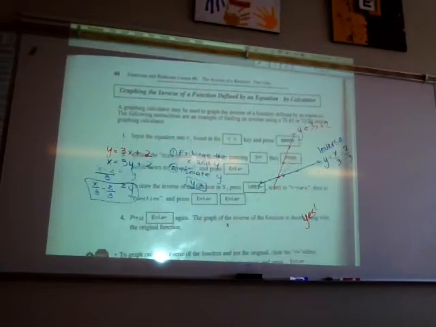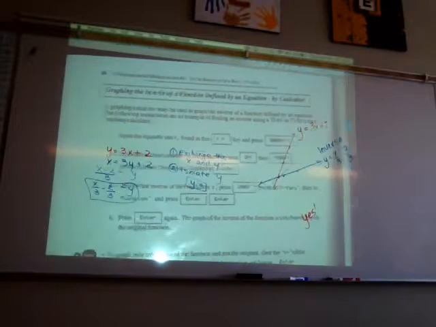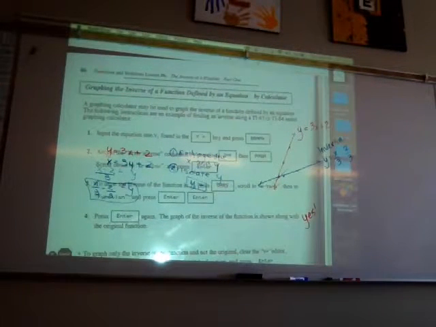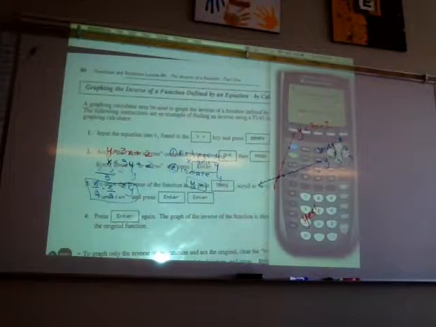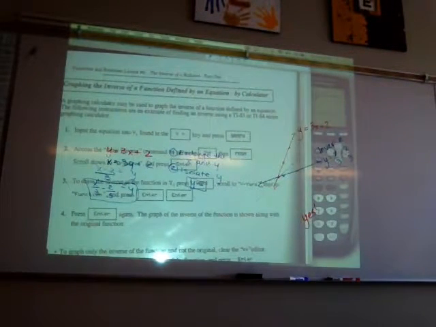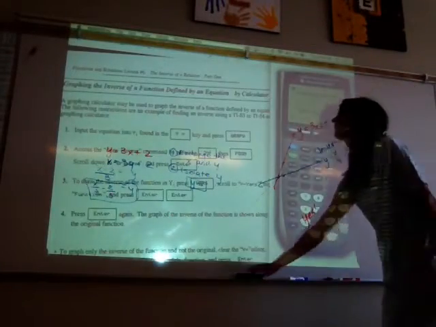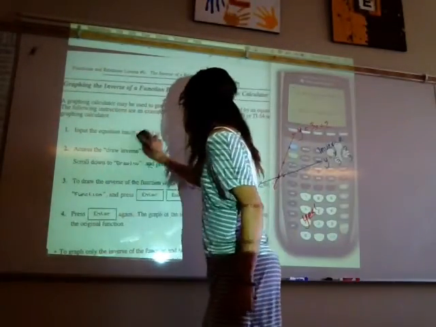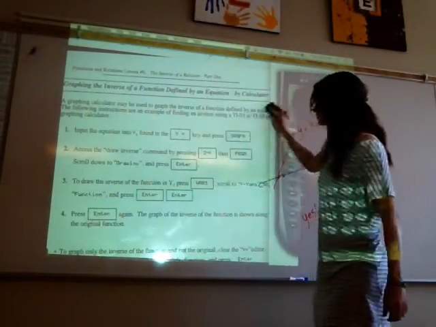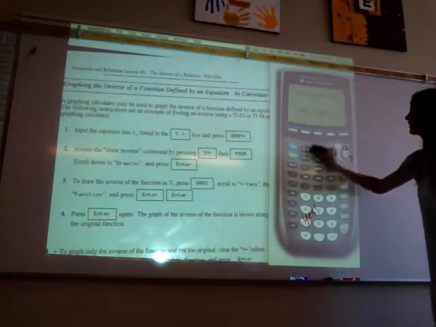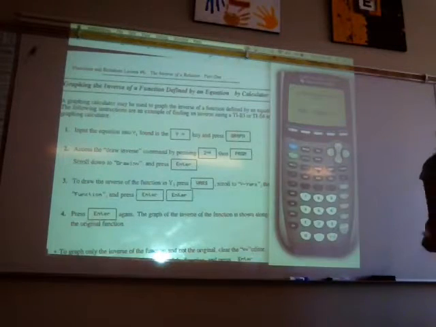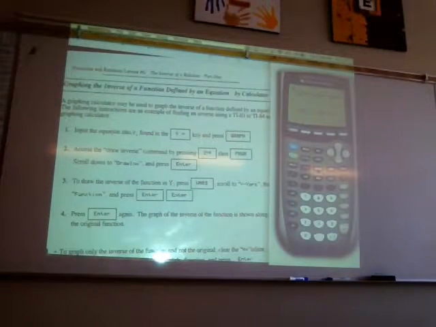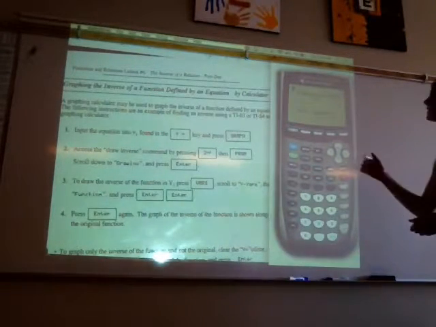Lastly, we get to have a little bit of fun on our calculators. Okay, so let's just use the same example as before. Y is equal to 3x, what was it? 3x plus 2? Yeah? Okay.